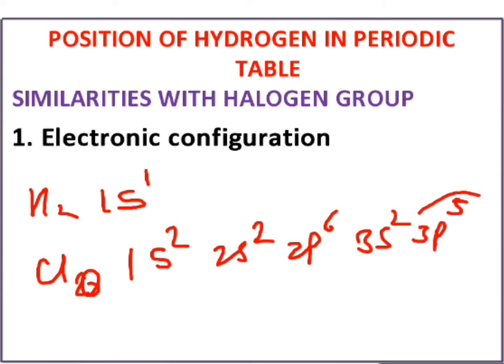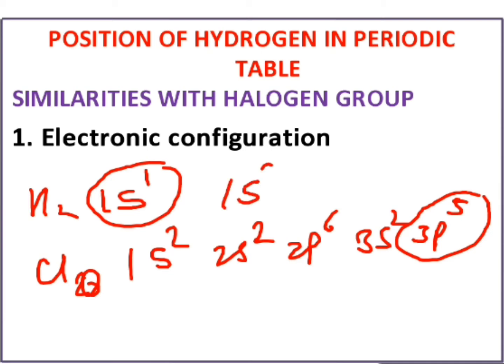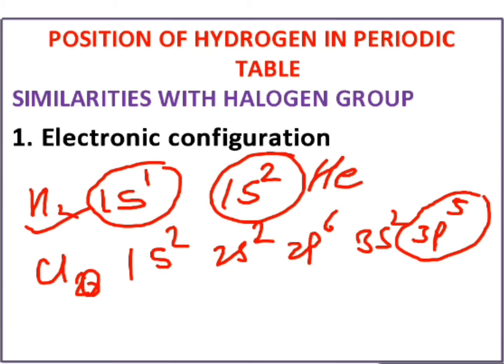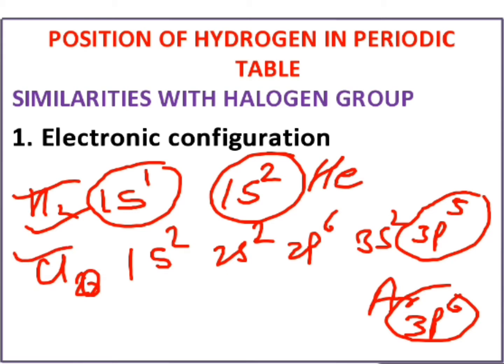It means in the last orbit there is one electron less than the stable configuration. A stable configuration is like helium, 1s2, or argon, 3p6. So both hydrogen and chlorine need only one electron to get the stable electronic configuration. This is the similarity.